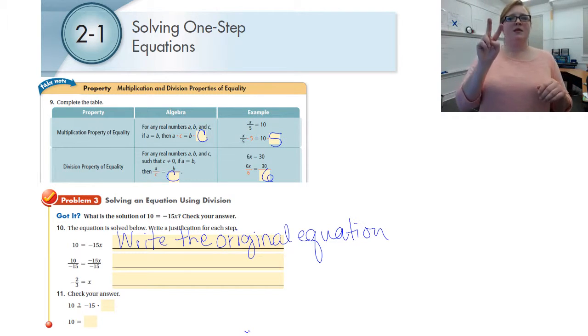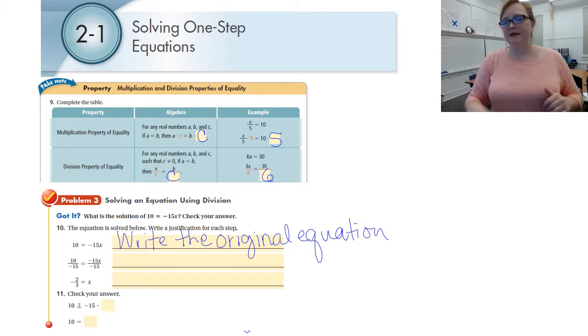Okay? The second step of the equation is using the division property of equality. You are dividing both sides of the equation by negative 15.